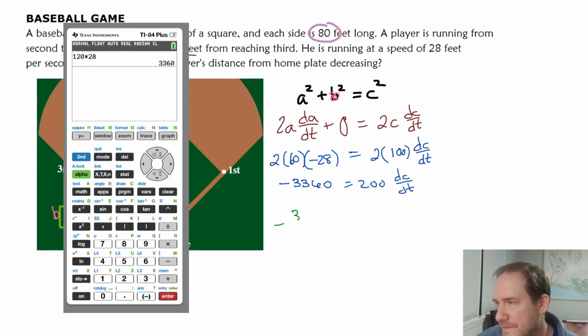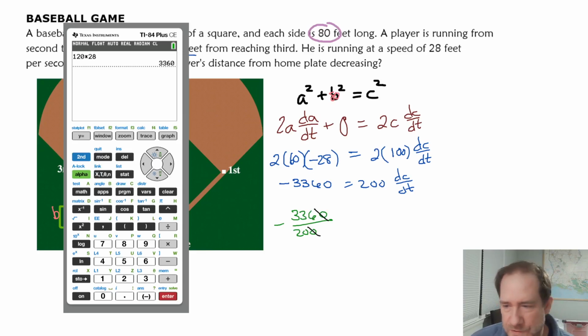We get negative 3360 divided by 200, which I can certainly start to reduce on my own. Those are both divisible by 10, so I can kill those. If you remember, we actually saw 336 a second ago, and it was divisible by 4. But I don't remember what that left, so we'll just use our calculator.